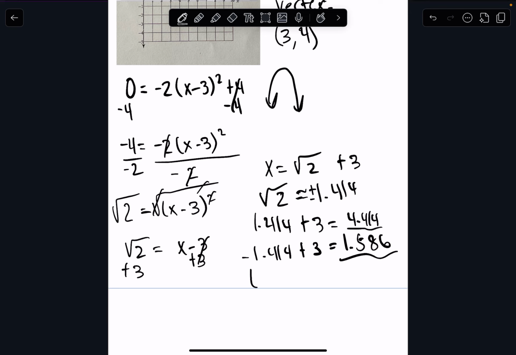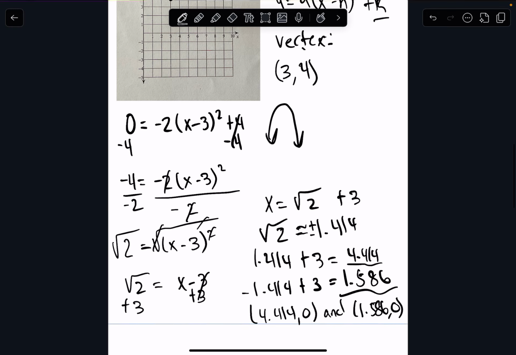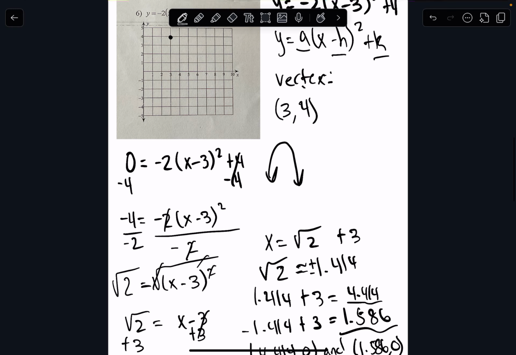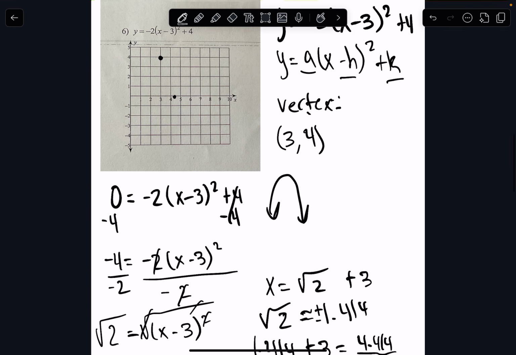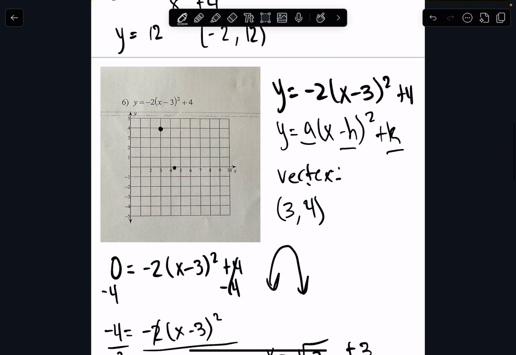So that would be 4.414, comma 0, and 1.586, comma 0. Now we can go up here and graph those. We're just trying to get a good accurate estimate here. So 4.414 is about right there, and then 1.586 is about right there. So there's 3 of our points.